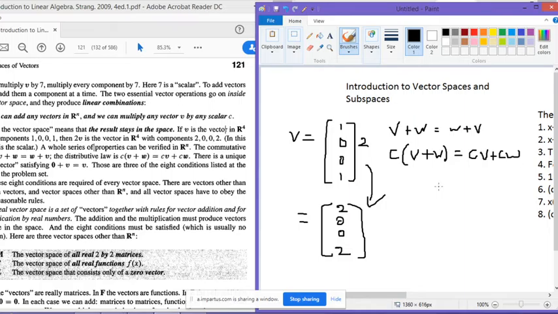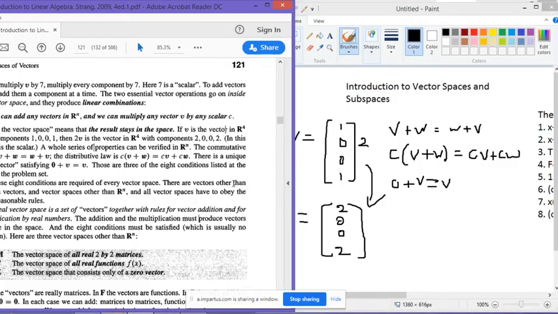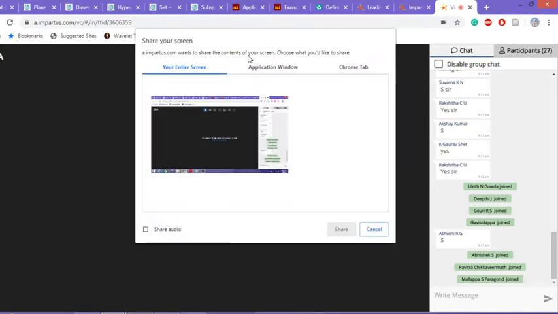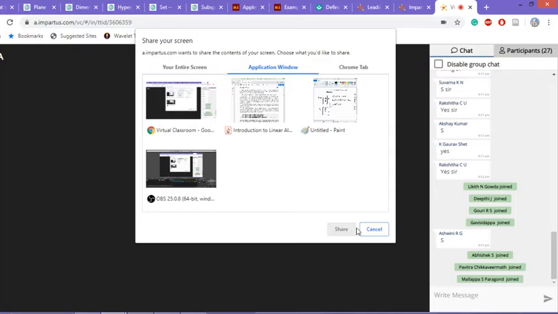Likewise, there is a unique zero vector. For example, if you add the zero vector plus a vector V, it is equal to V. To make you understand what a zero vector is, let me go to another term here.